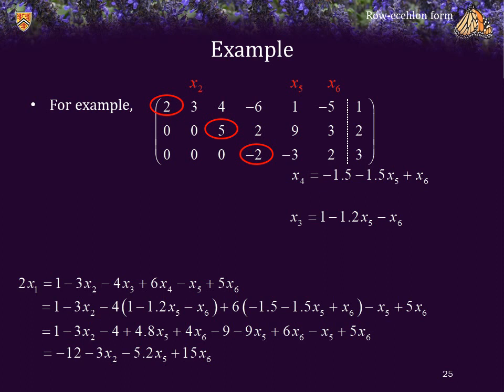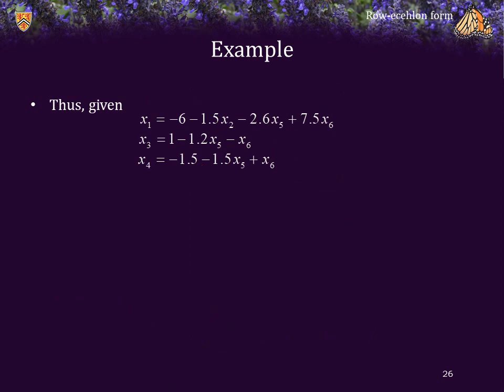And so next we simply divide both sides by 2 to get that x1 is equal to -6 minus 1.5x2 minus 2.6x5 plus 7.5x6. Thus, we have found that given the three free variables x2, x5, and x6, we have determined the values of x1, x3, and x4 to ensure that all three equations are satisfied.